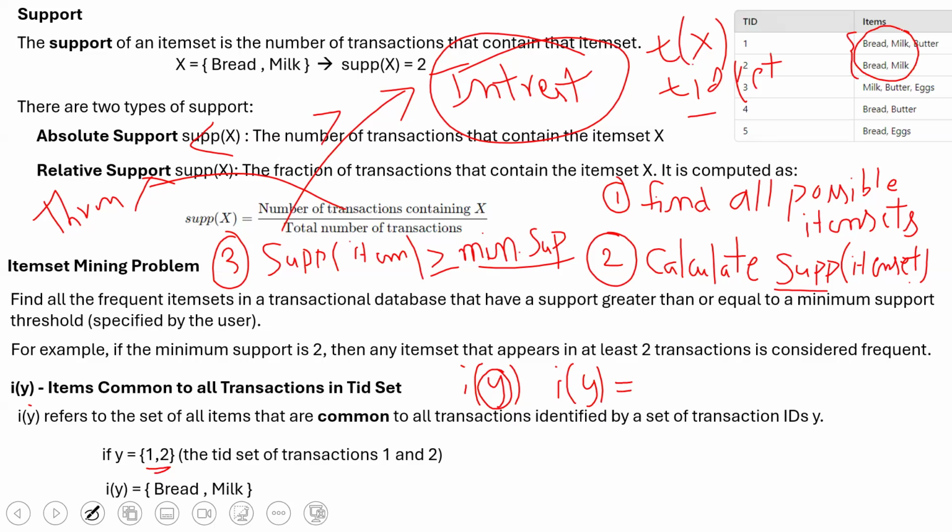Y is the TID set that you pass to I, so we call this the items common in the transaction ID set. For transactions 1 and 2, the common items are bread and milk, so I of Y will become bread and milk.